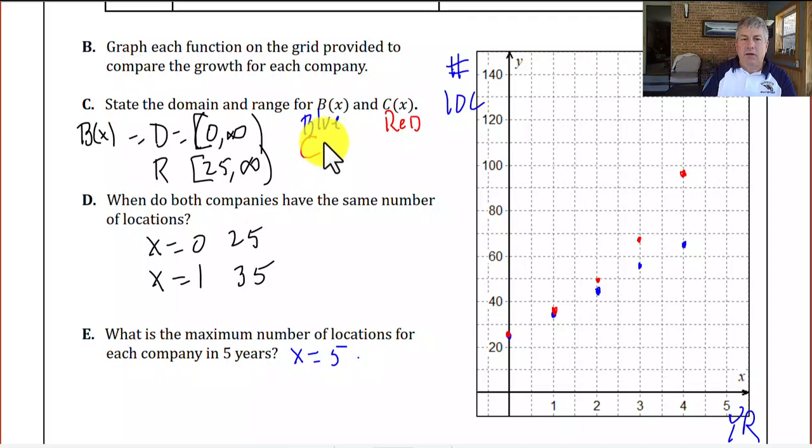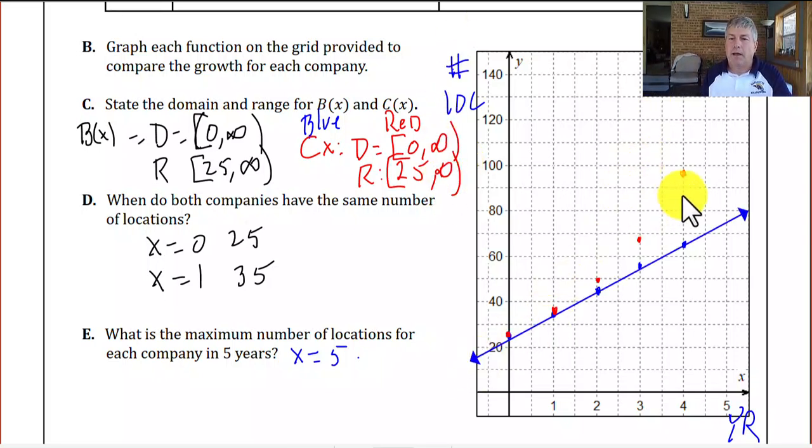Where c of x, our domain, again goes from 0 to infinity, and our range also goes from 25 to infinity.